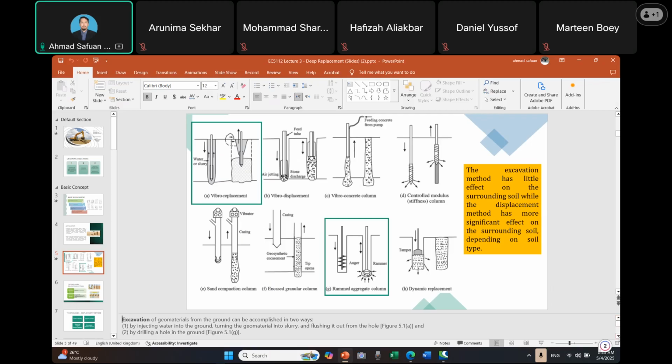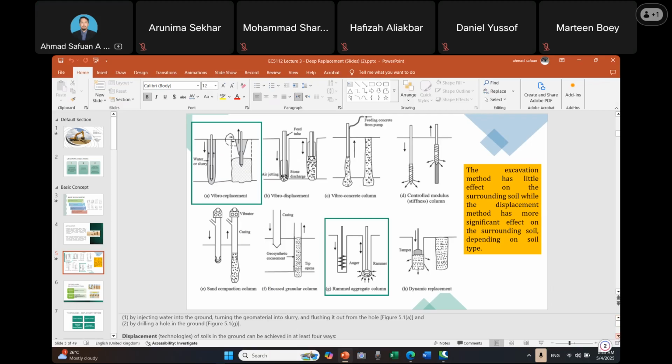So the problem with the excavation is that they need to prevent the bore, the hole, from collapsing.